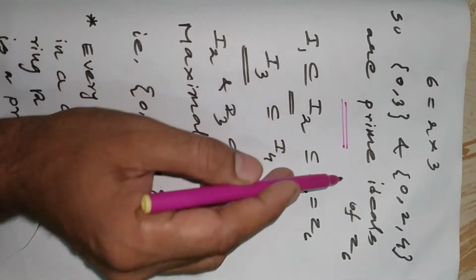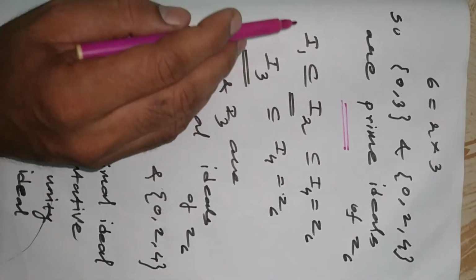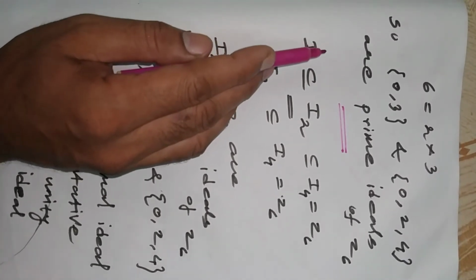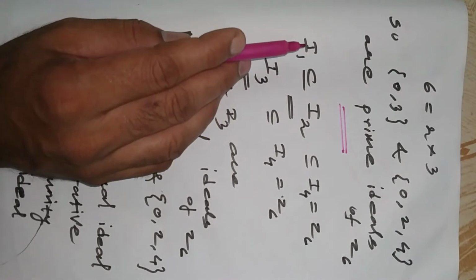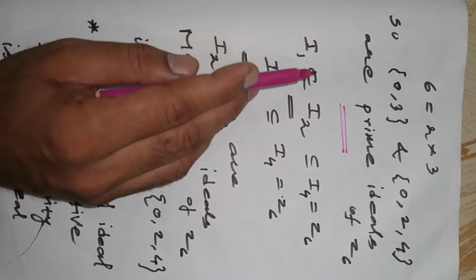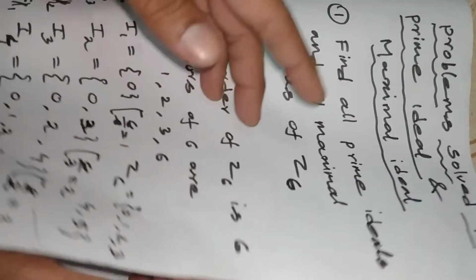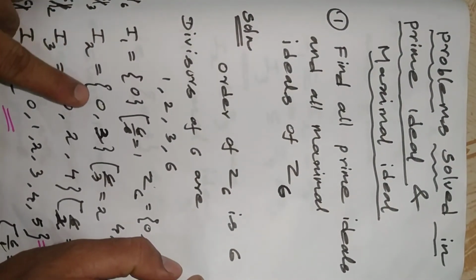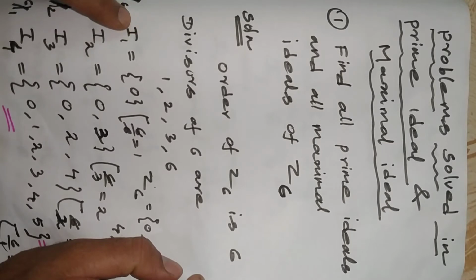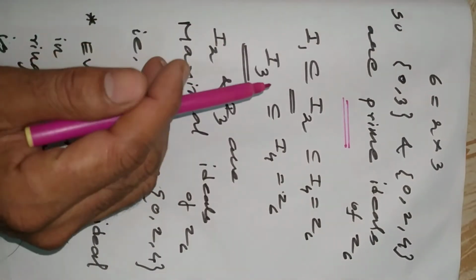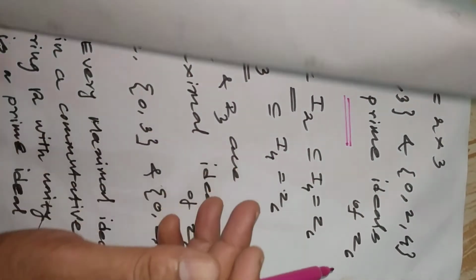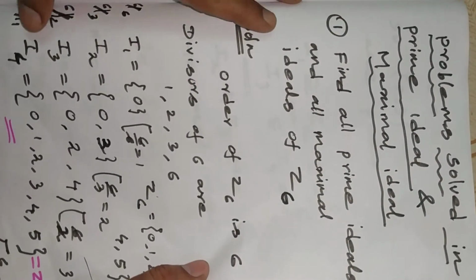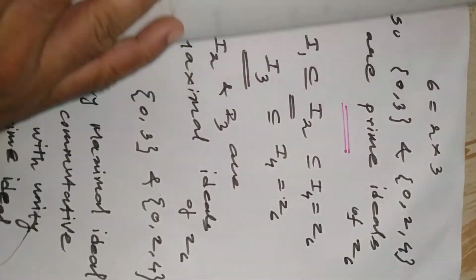So very easy, right? Next, we know very well I1, that is singleton 0, is contained in I2. Otherwise I2 contains I1. Then I2 is contained in I4, right?